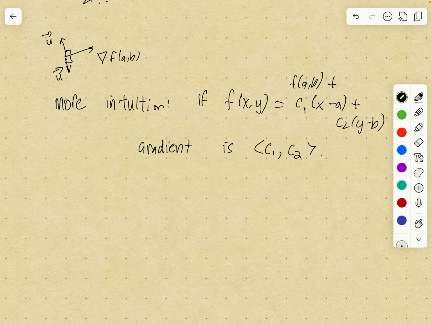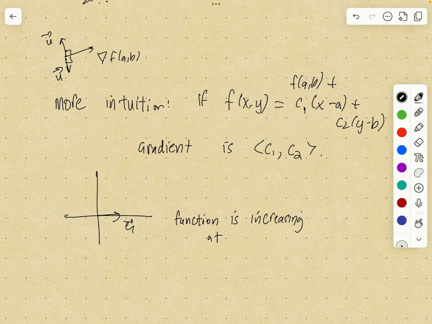So this is saying that in the e1 direction, the direction of 1, 0, your function is increasing at a rate of C1, and in the e2 direction, 0, 1, your function is increasing at a rate of C2.